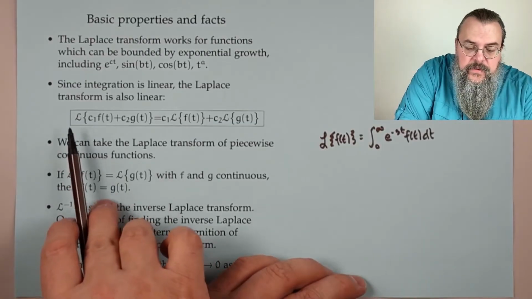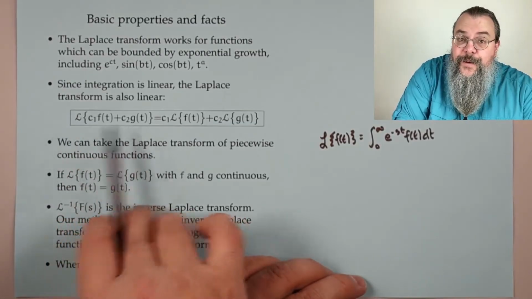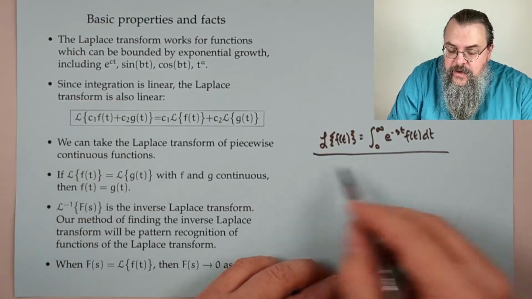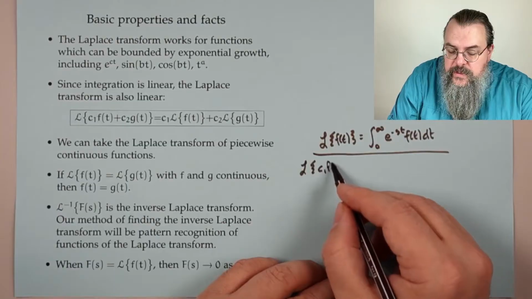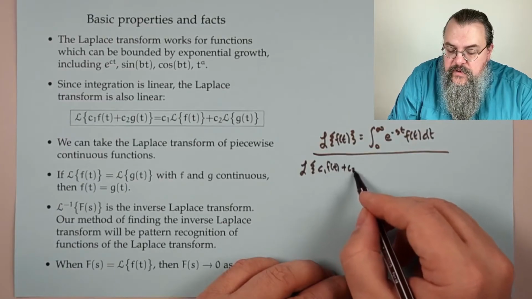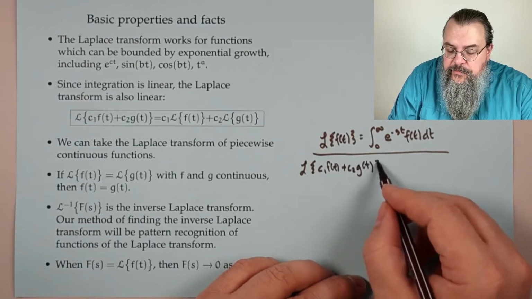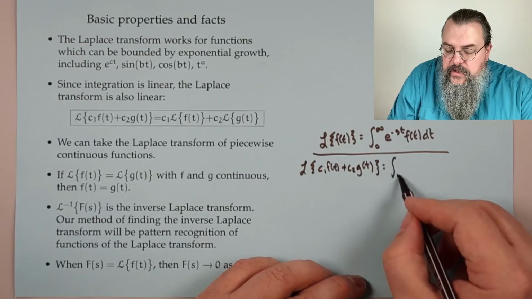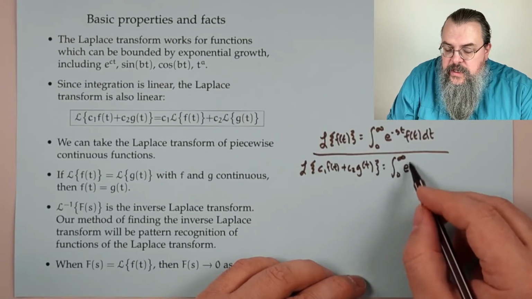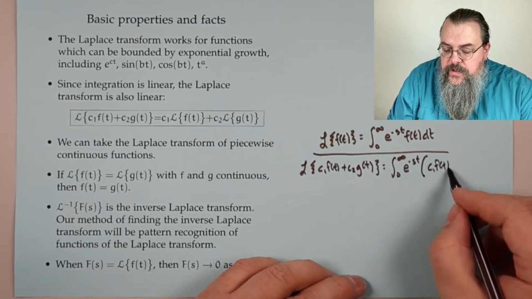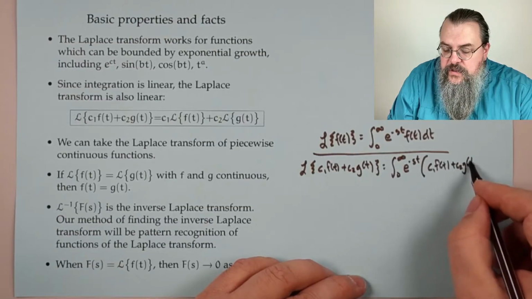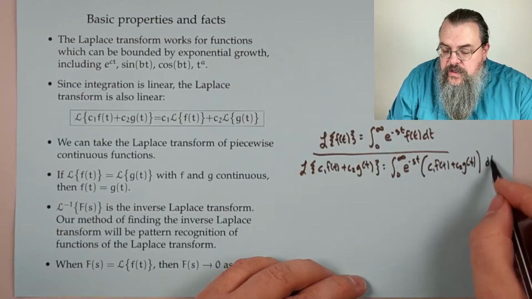So what happens if we come in and do this combination? Let's run it. Well, we'd have the Laplace transform of c1 f of t plus c2 g of t. All right, integral from 0 to infinity of e to the minus st times c1 f of t plus c2 g of t dt. Right?